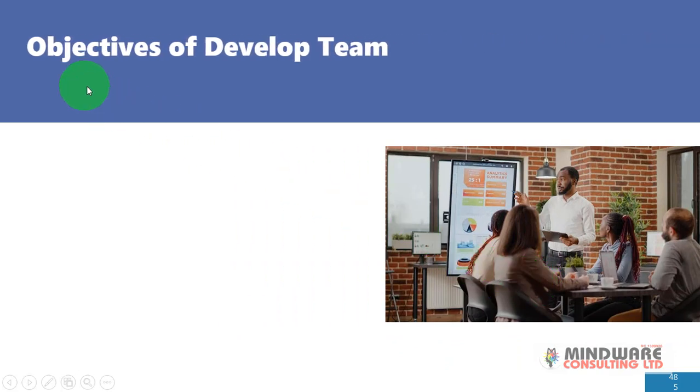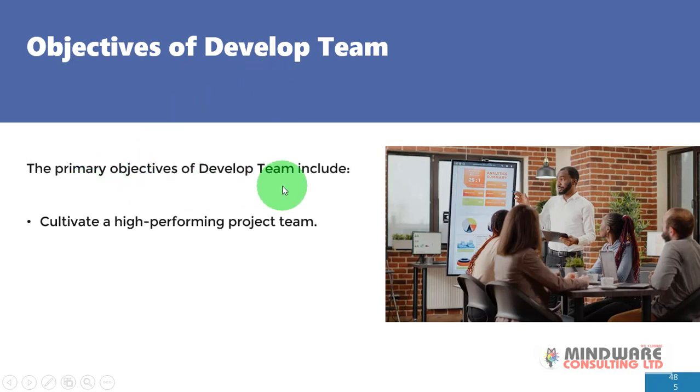Now let's look at the objectives of the develop team sub-process. The primary objectives of this sub-process include: cultivate a high-performing project team. Very important. The team that you're putting together has to be a high-performance team, so you're going to have to cultivate that, and this section is going to help you do that.